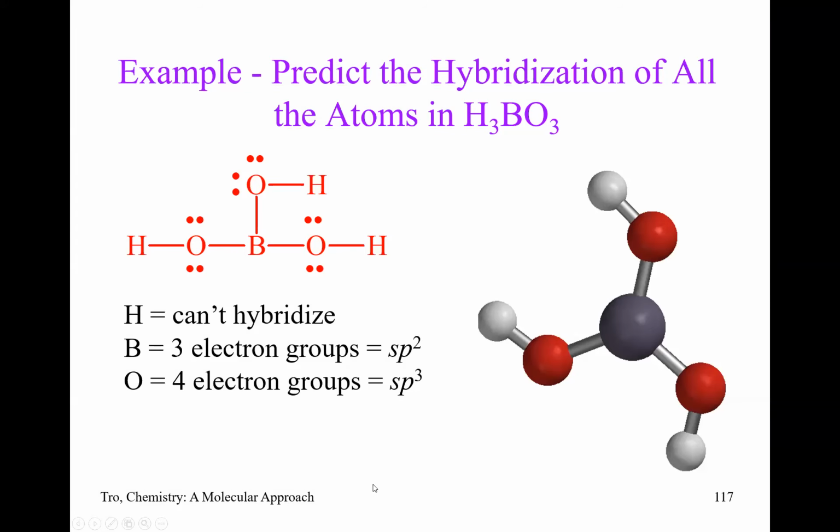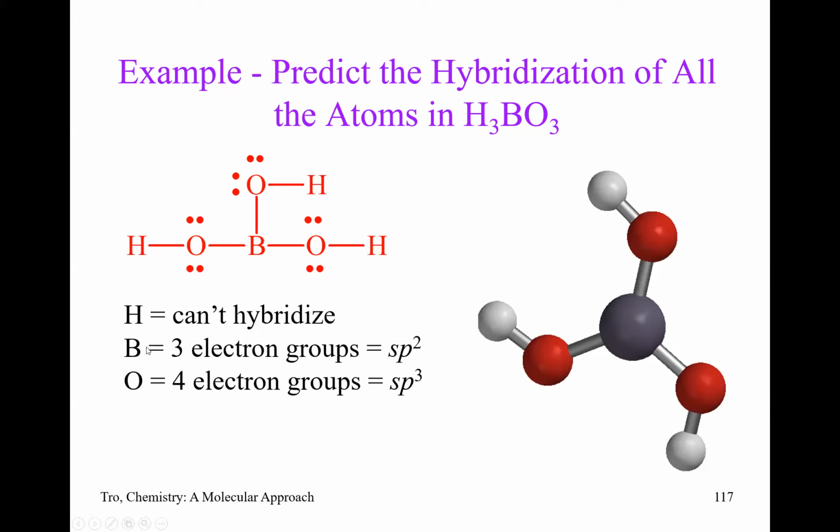Okay, so just a couple of examples here now. Boron is an exception, right? It doesn't need 8 electrons. So here's our Lewis structure. Hydrogen can't hybridize, end of story. Oxygen's got 4 groups around it, so you need 4 orbitals to do it in. 2 single bonds means 2 sigmas, and they're equal to each other, so those are made with the sp3.